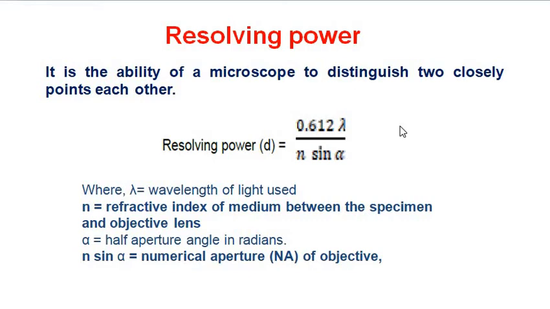Resolving power is represented as small d, and according to Abbe's equation, d equals 0.612 lambda upon n sin alpha, where lambda is the wavelength of light used in the microscopic observation, n is the refractive index of the medium between the specimen and objective lens, alpha is the half aperture angle in radians, and n sin alpha is the numerical aperture of the objective lens.